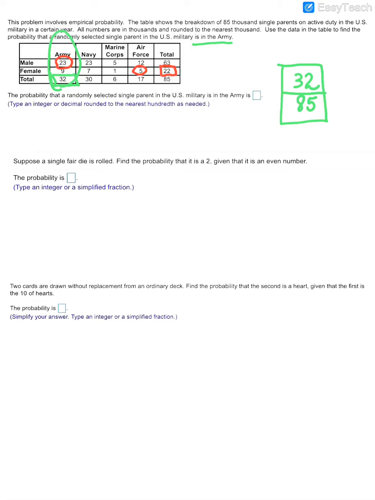Now, with my second question, this is something that we call conditional probability because you are given a condition, and with a condition, your sample space gets reduced. So we're looking at a single fair die. Normally, we would say the sample space of a single fair die is 1, 2, 3, 4, 5, or 6.